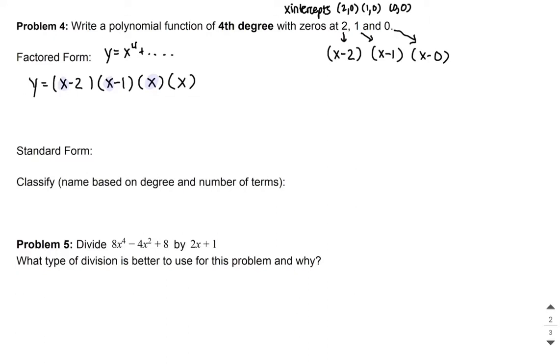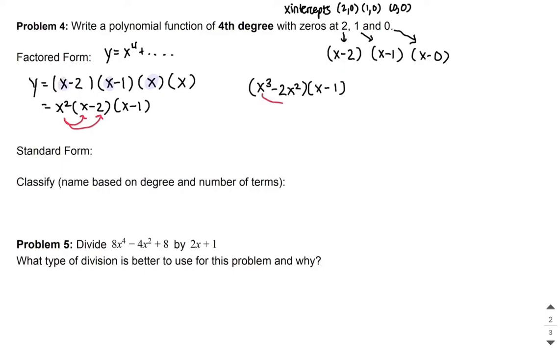Then to get to standard form from there, I want to FOIL all of this. So I'm going to bring that x squared to the front. So x times x gives me x squared. I'm going to multiply x squared times (x minus 2) times (x minus 1). When I distribute this x squared to x and minus 2, I'll have x cubed minus 2x squared, and that's multiplying by (x minus 1).